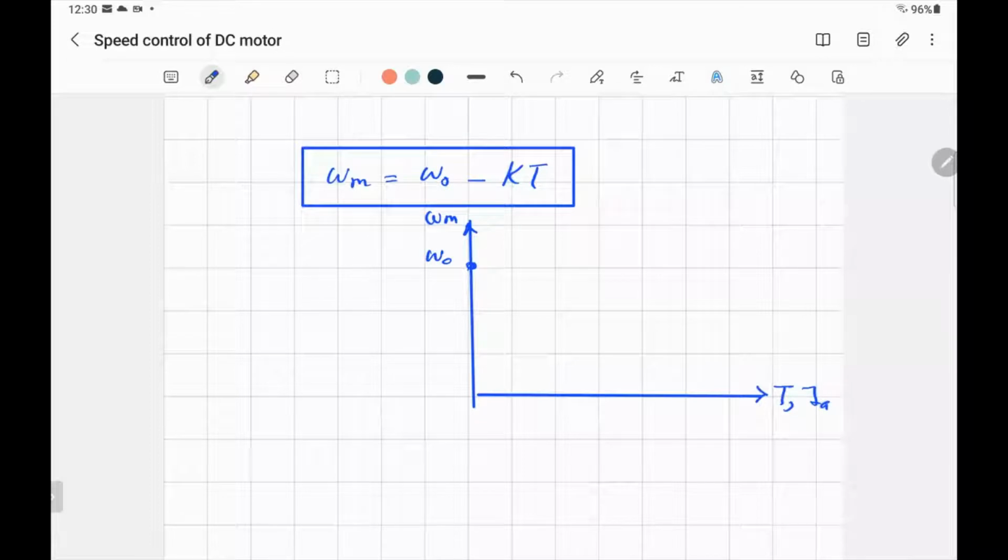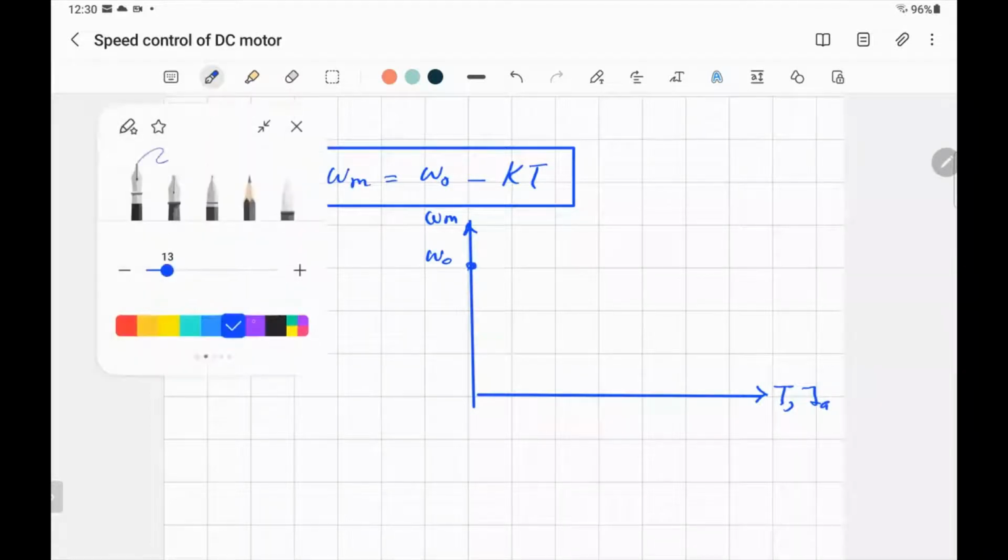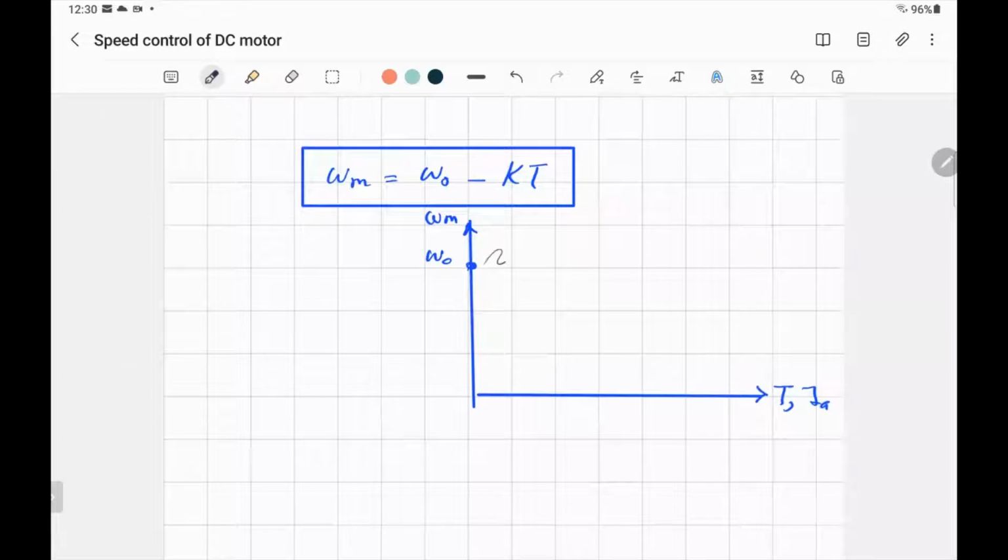And then the straight line will have a slope equal to what? What is the slope of the straight line? Negative, right? So I can sketch the straight line going down, till it comes here. I'm exaggerating actually. The slope is not that steep, but I want to do that for something.